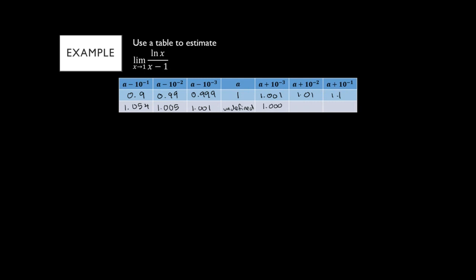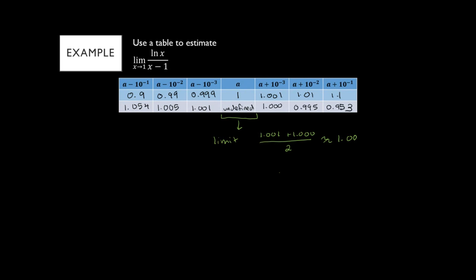And we've got 0.995, 0.953. So if you were just looking at our rounded values, you might say, okay, I'm going to average my two values, 1.001 and 1.